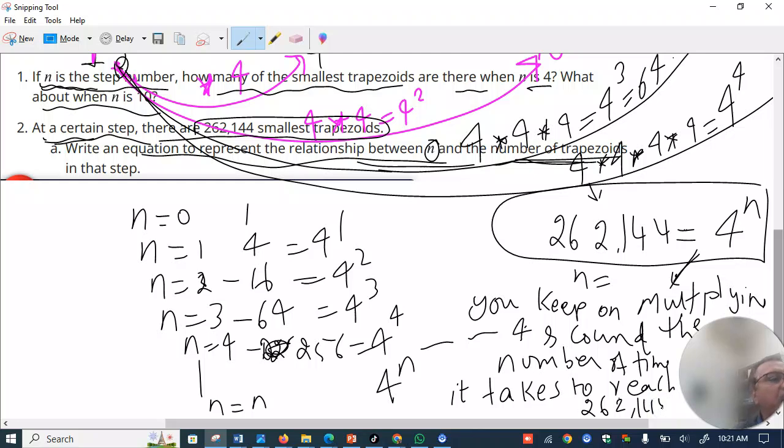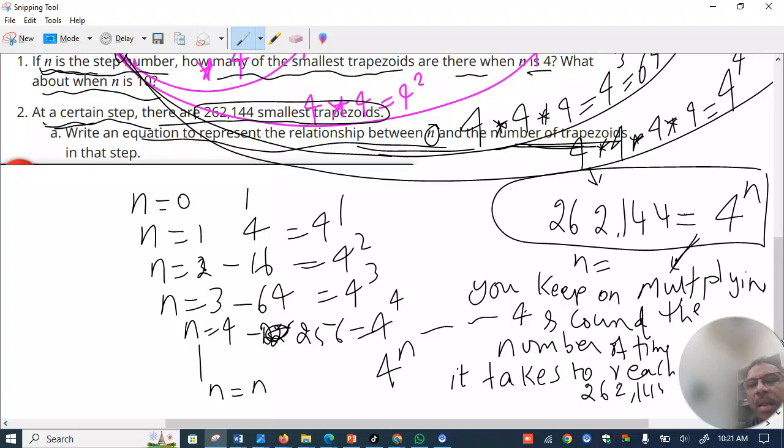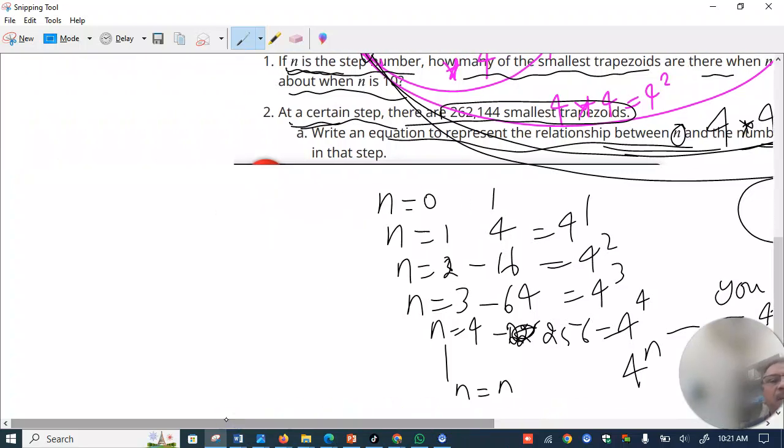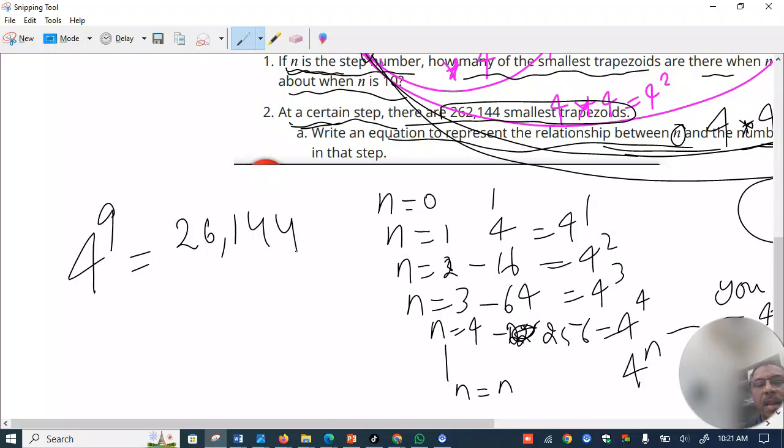And if you check the calculator, we can figure out that the answer is 4 raised to 9 is 262,144. You can also put in the decimals also.